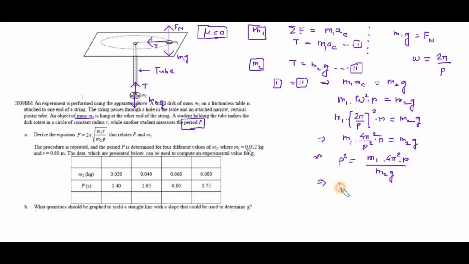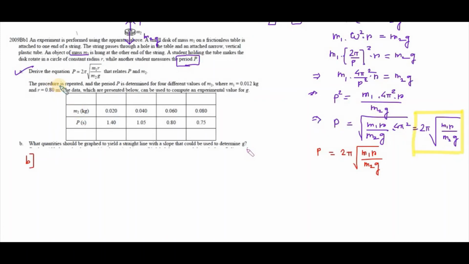Now let's take the square root on both sides. We get the square root of m1 r by m2 g times 4 pi square. If we bring the 4 pi square outside of the square root, it gives P equals 2 pi square root of m1 r upon m2 g. So that's the expression they are asking to derive.